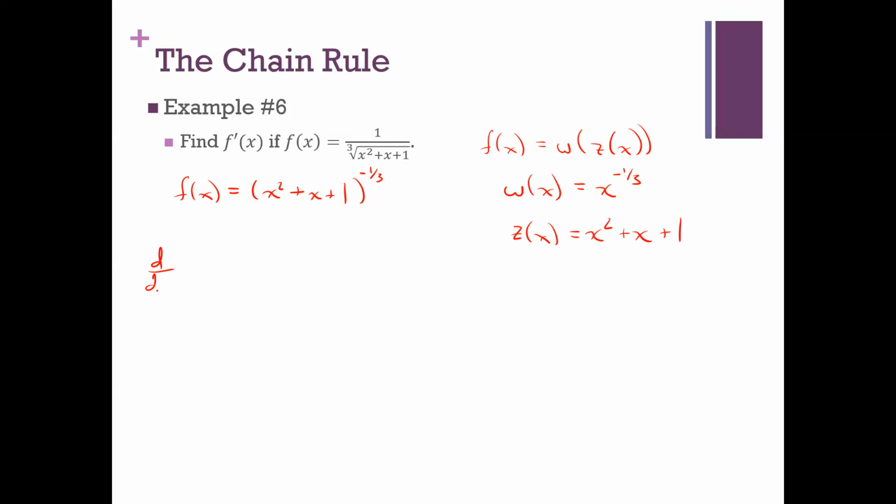Then if I want to find the derivative of w of z of x, I get what? Maybe because we have a non-integer exponent here, we should do some scratch work over here. What is w prime of x?